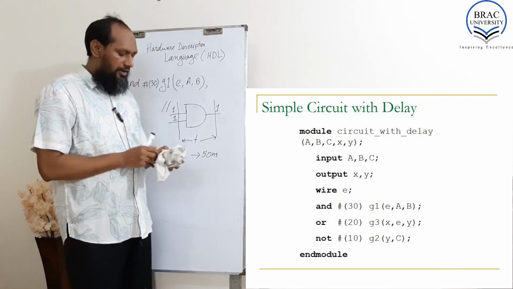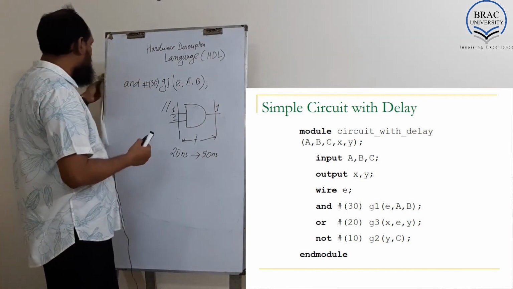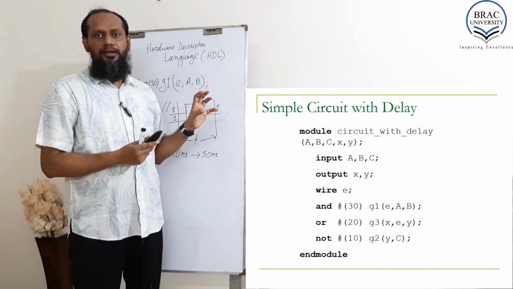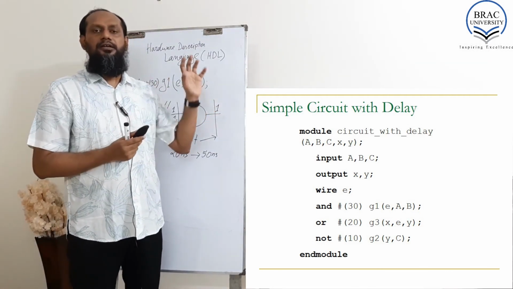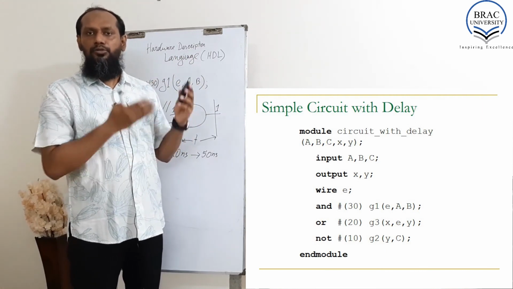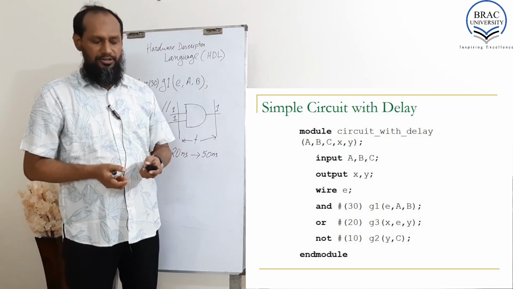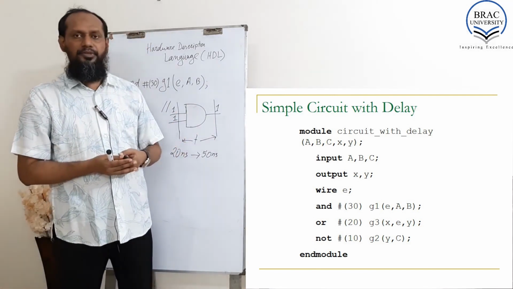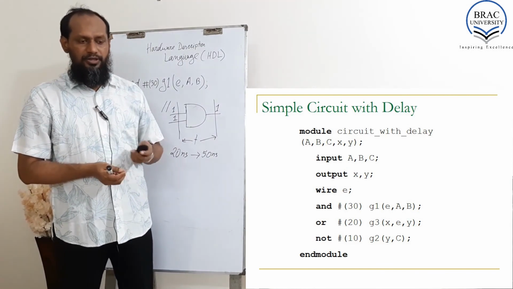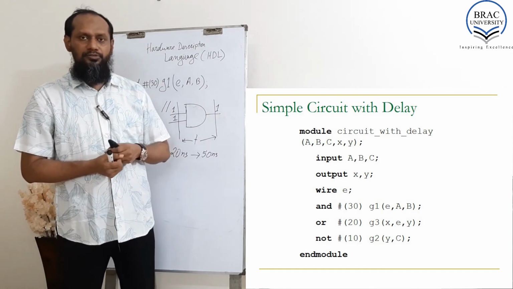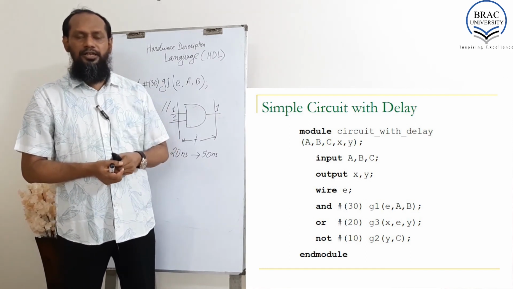To measure the speed and know how these things work, including the propagation delay is important. You can see here in this code, for the AND gate 30 nanoseconds, for the OR gate 20 nanoseconds, and for the NOT gate 10 nanoseconds.